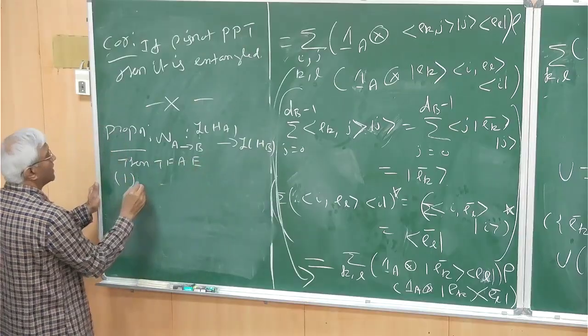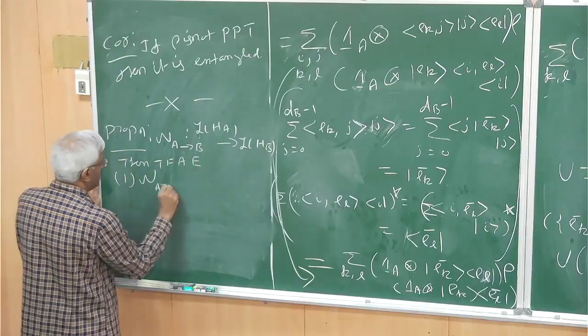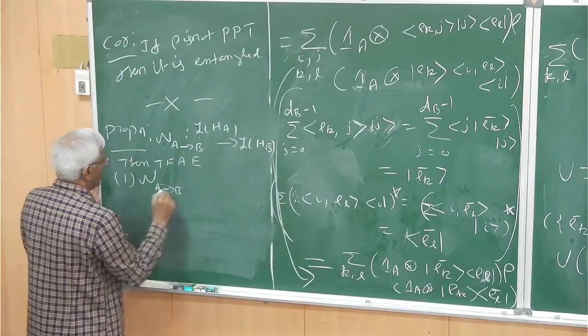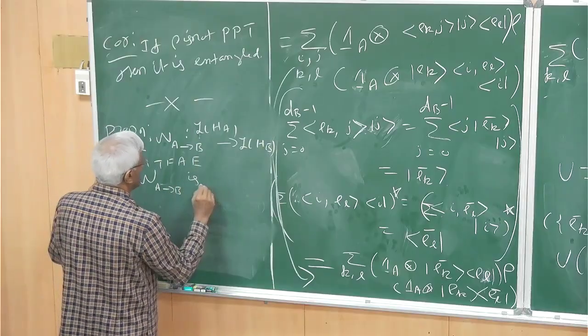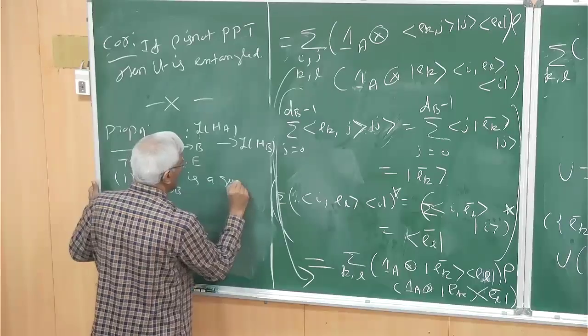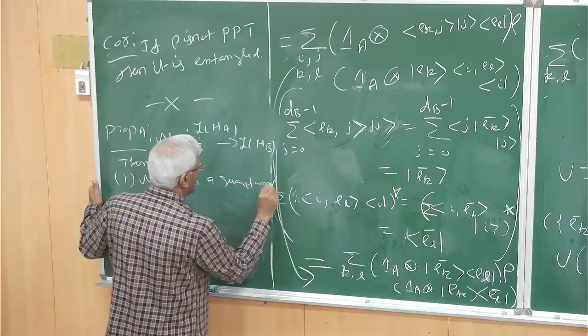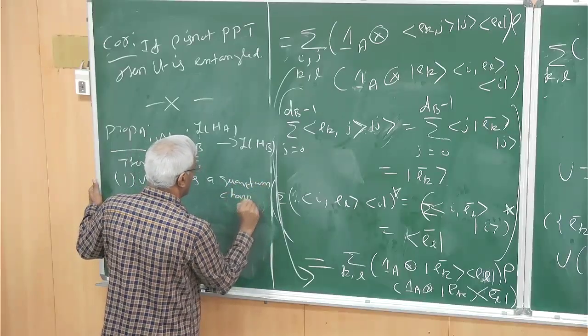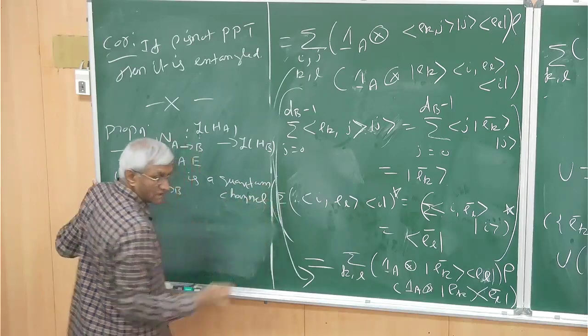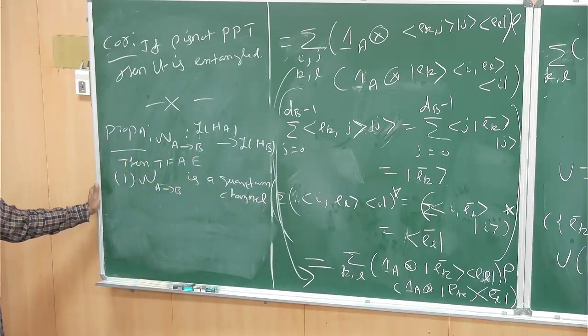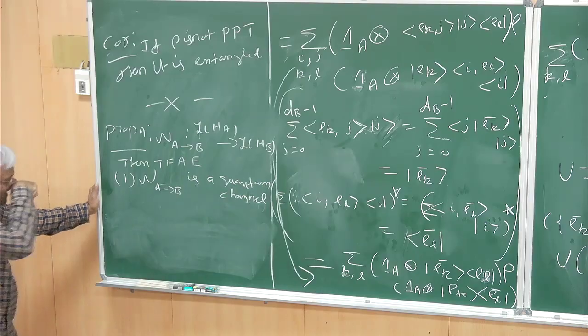One: N from A to B is a quantum channel. Quantum channel means it's completely positive and trace preserving. It preserves the trace.